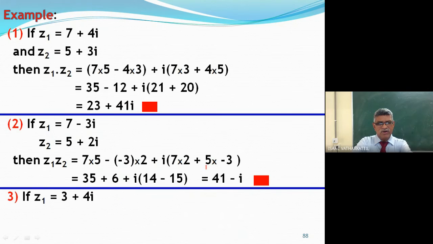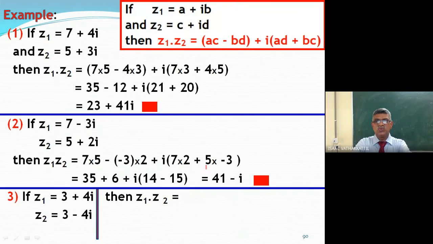Well, if Z1 equals 3 plus 4i, Z2 equals 3 minus 4i, what is Z1 Z2? AC minus BD plus i into AD plus BC. AC, 3 threes are 9, minus 4 into minus 4, plus i into AD plus BC.